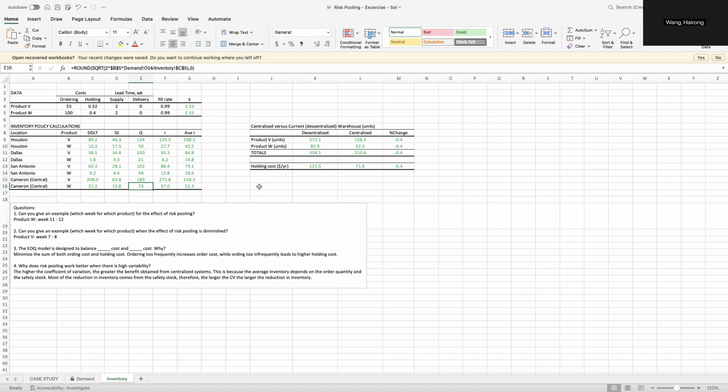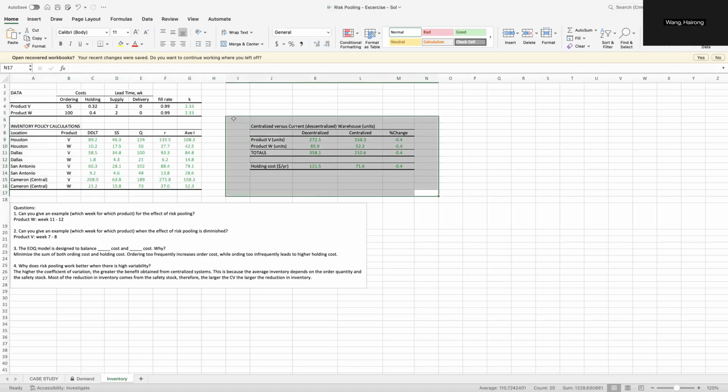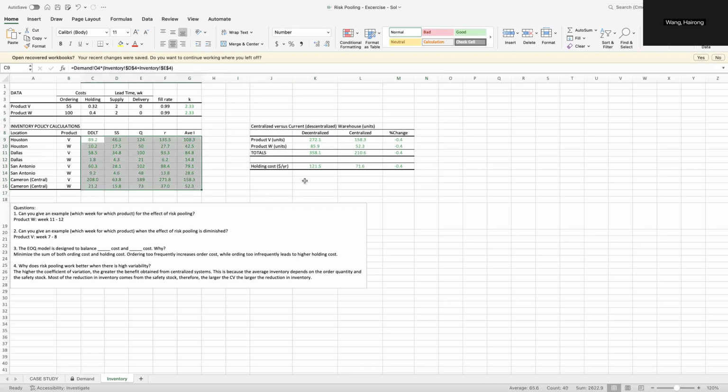Okay. Then that's all for this table here. And after completing this table, we can summarize the results by using the quantities that we have already calculated here.